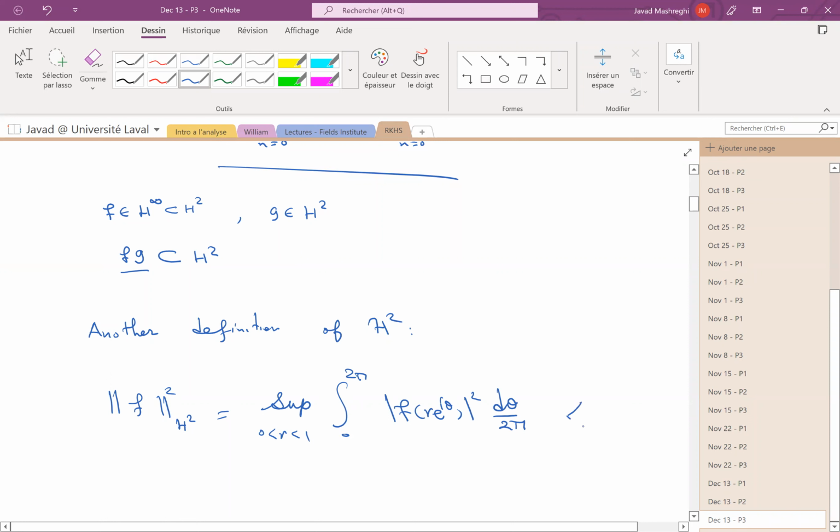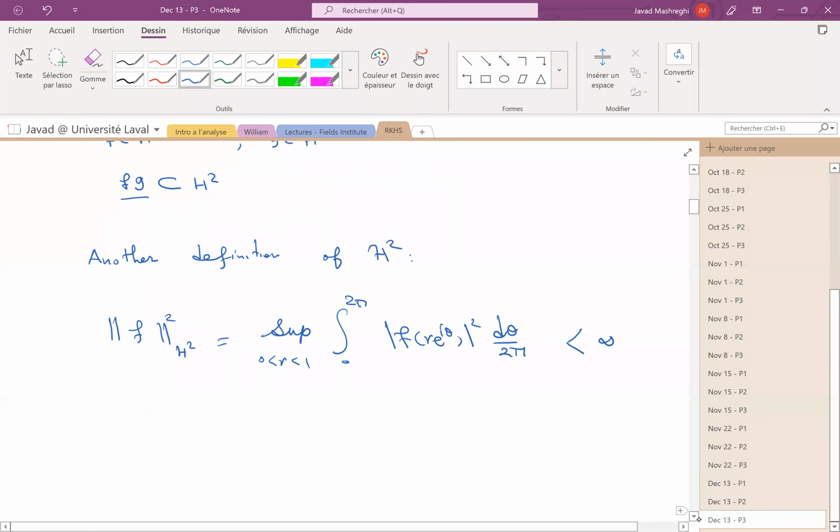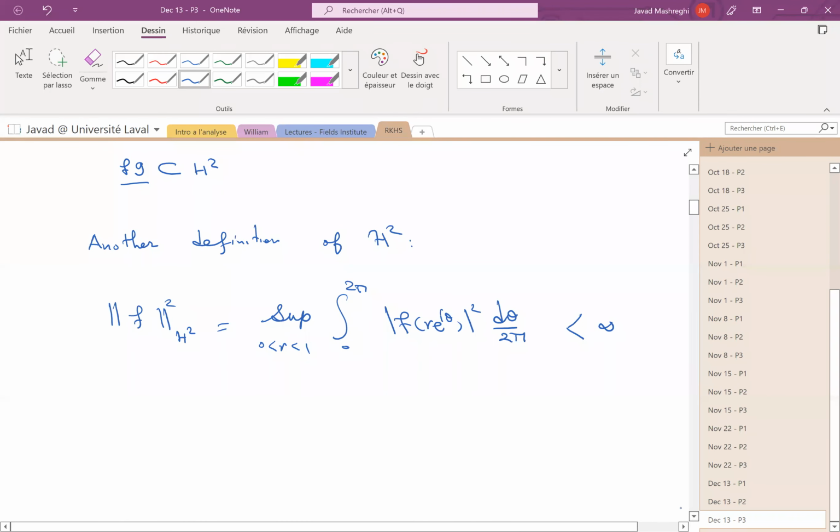So functions such that this quantity is finite are in this space H2. And now it's easy to show that H infinity is in the multiplier space of H2.